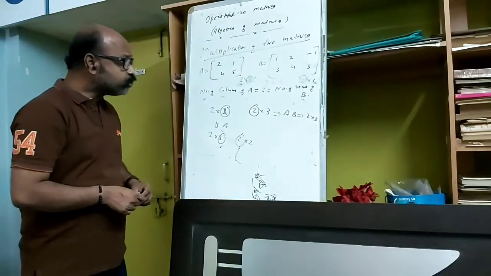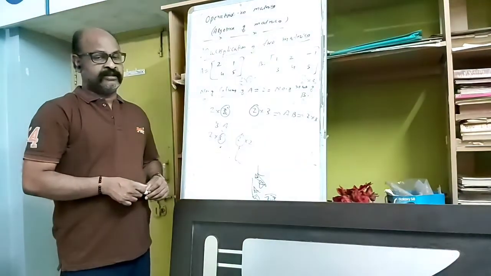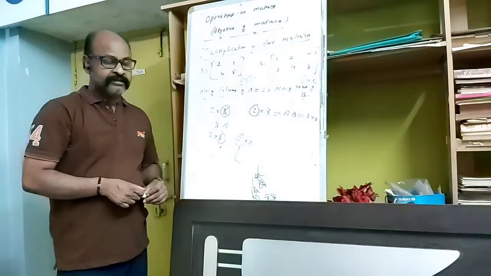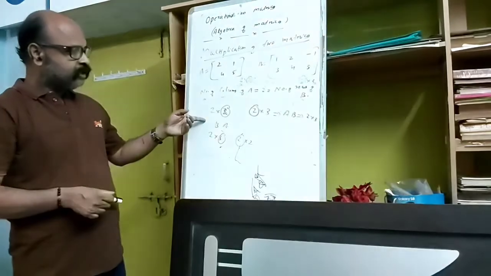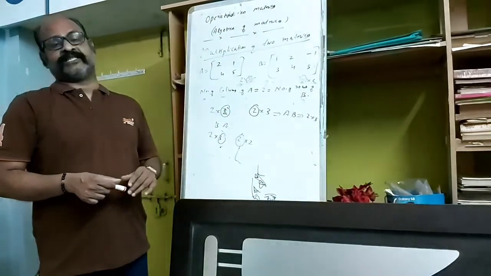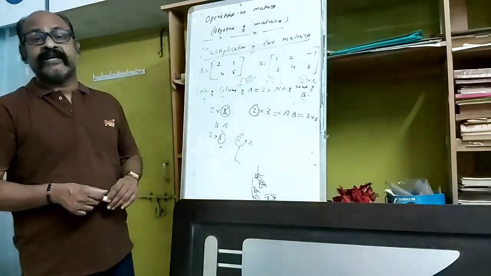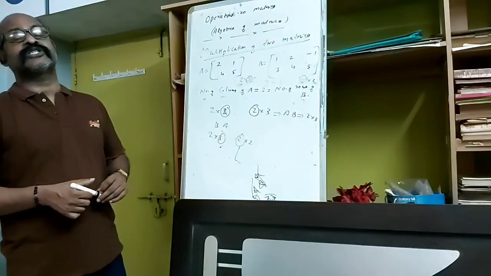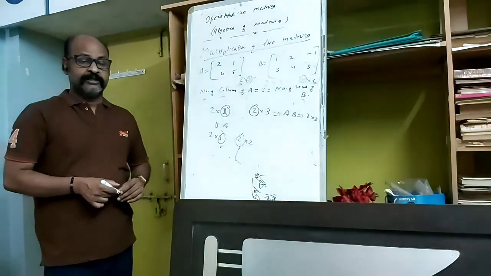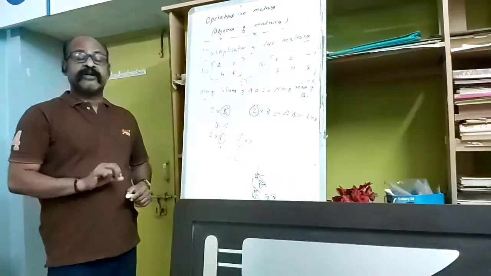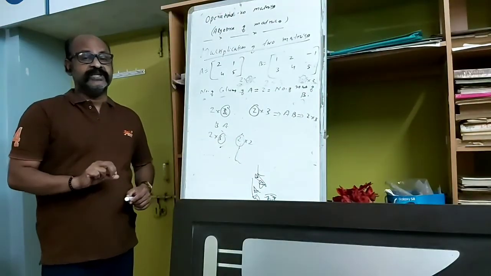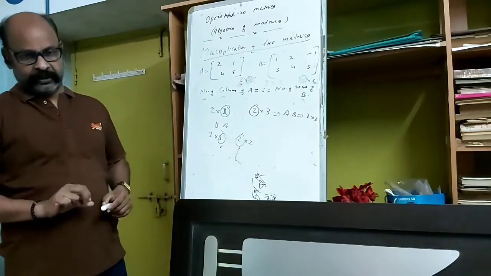But when we come to matrices, we have seen that product AB is possible, but product BA does not exist. The meaning is that even the existence of BA is not possible in some cases. So there is no question of the products AB and BA becoming equal.